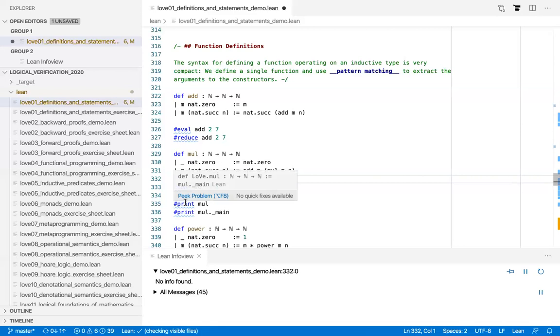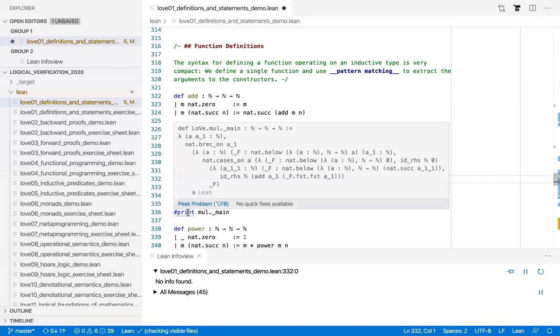We can also use the command print to print some objects, but here it's not very informative. It tells us that mul is defined as mul.main. And this is what it does when there's pattern matching. And if we print mul.main, then we see something quite horrible. Well, this is the actual logical definition under the hood that encodes this recursion.